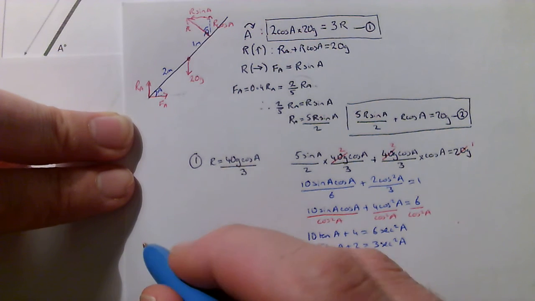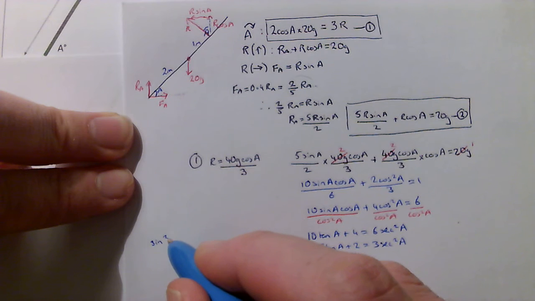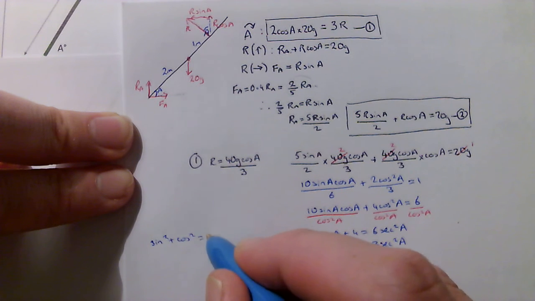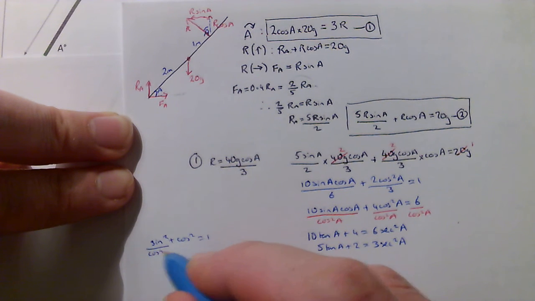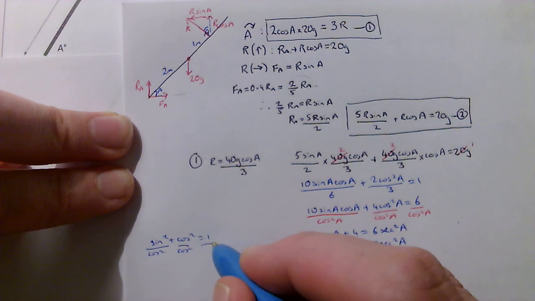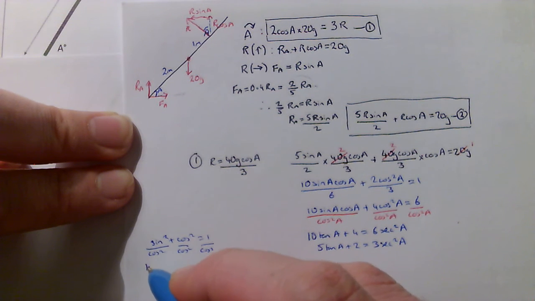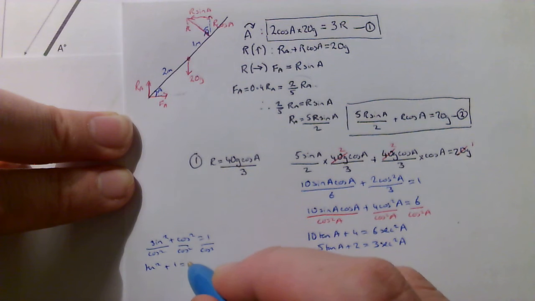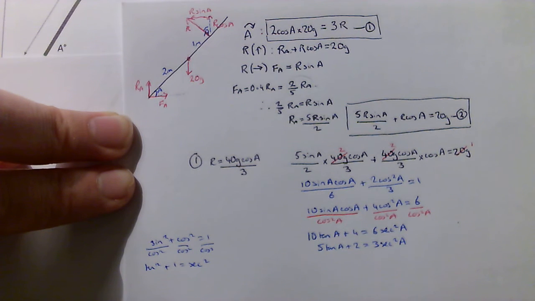Now, I'm terrible at remembering my identities involving sec squared and tan squared, so I'm going to just go back here and write my sin squared plus cos squared equals 1. Divide everything through by cos squared. Tells me that tan squared plus 1 equals sec squared. So here I can get rid of this sec squared by replacing it by tan squared plus 1.